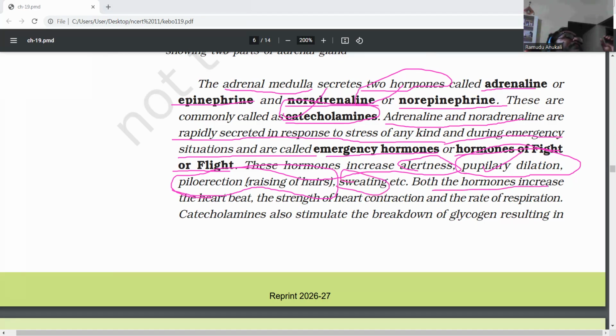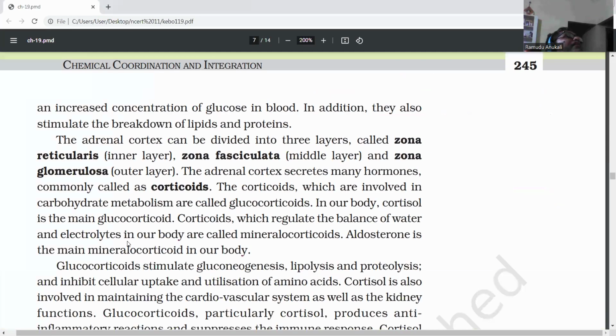Both hormones increase the heartbeat, the strength of heart contraction, and the rate of respiration. Catecholamines also stimulate the breakdown of glycogen, resulting in an increased concentration of glucose in blood. In addition, they stimulate the breakdown of lipids and proteins.